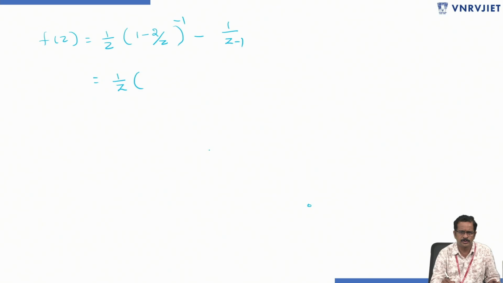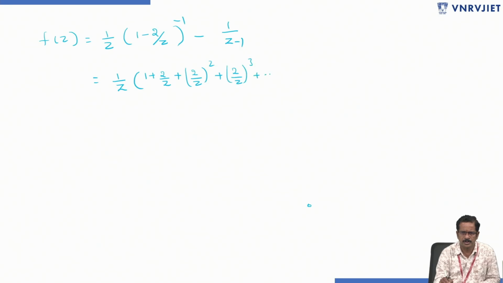Okay. So here I am expanding it. 1 plus 2 by z plus 2 by z whole square plus 2 by z whole cube plus and so on, minus 1 by z minus 1.